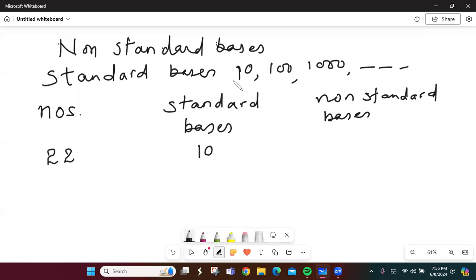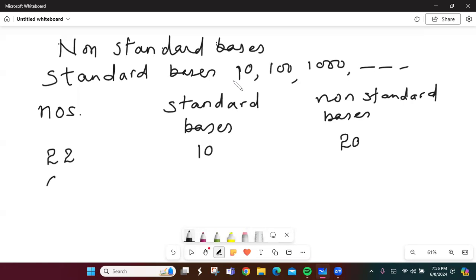So what I'll do is I'll take the nearest multiple of 10 to 22, and that is 20. The 20 will be taken as the non-standard base. Taking 20 as the non-standard base, if I do the calculations, the difference between 22 and 20 is just 2. So it will become easier.